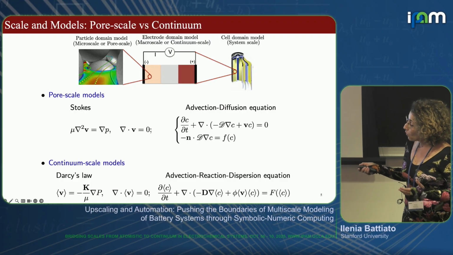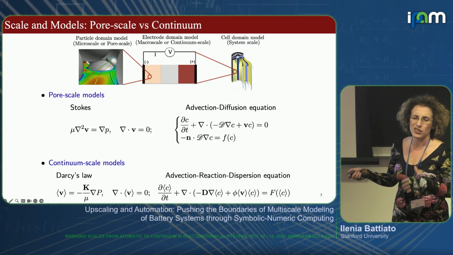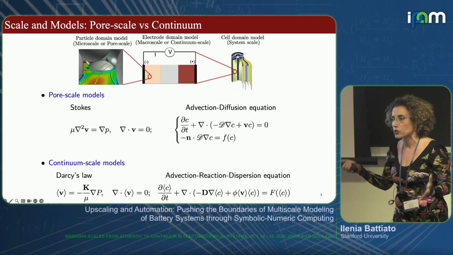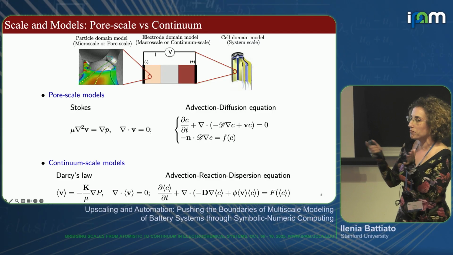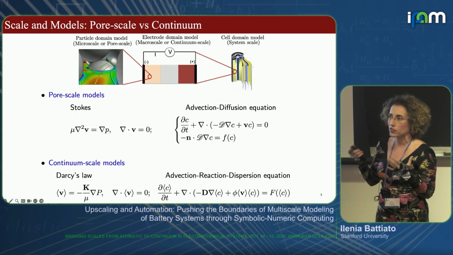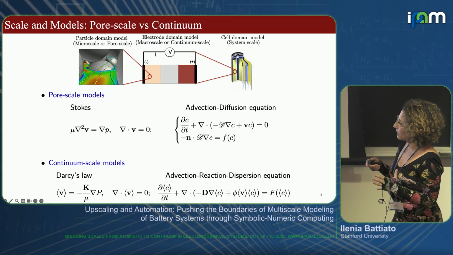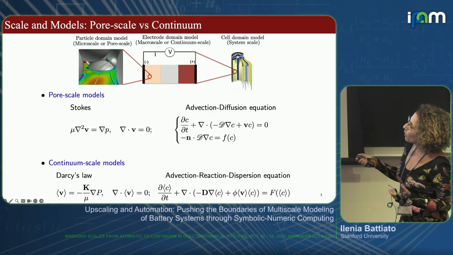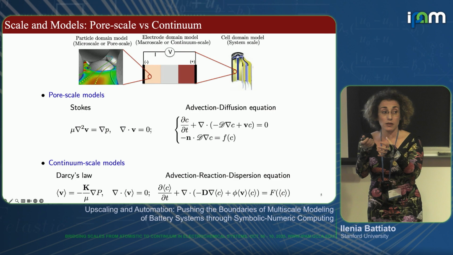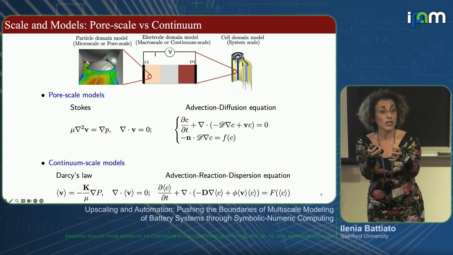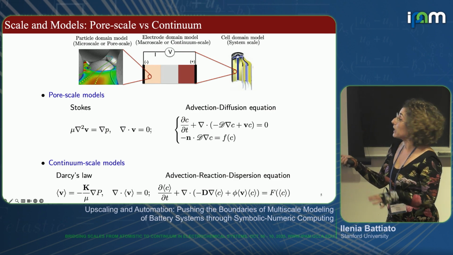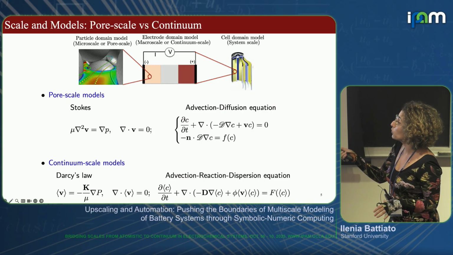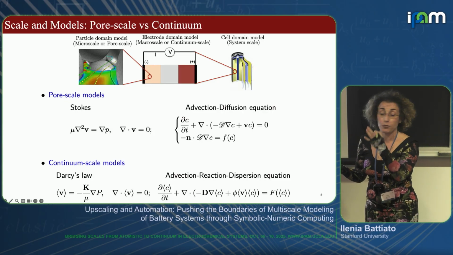So we refer to continuum scale models, or also upscaled models, macroscopic models, homogenized models. These are all equivalent types of jargon in our community. It means that now we don't distinguish anymore between the pore space and the solid phase, but we treat everything as a homogeneous continuum to which we attach effective properties.